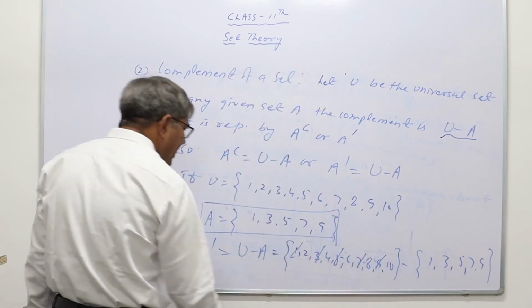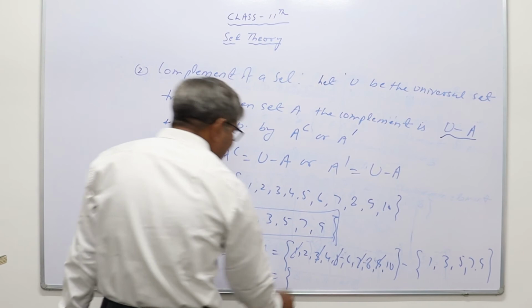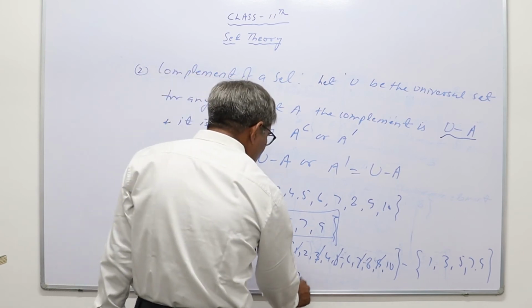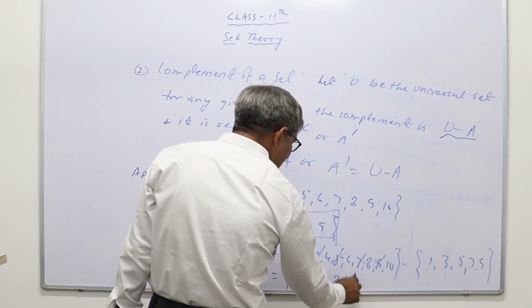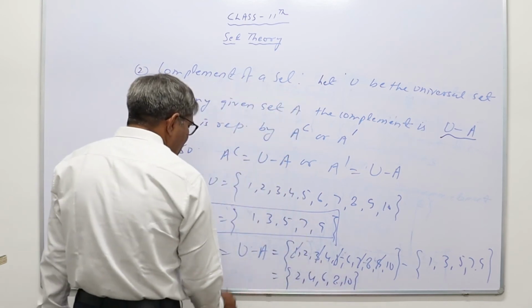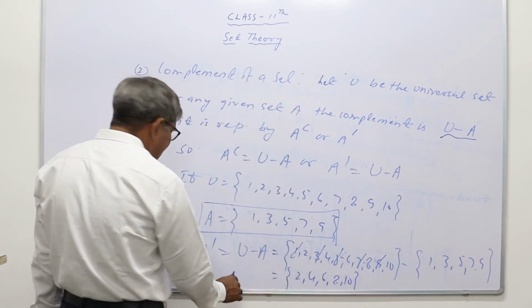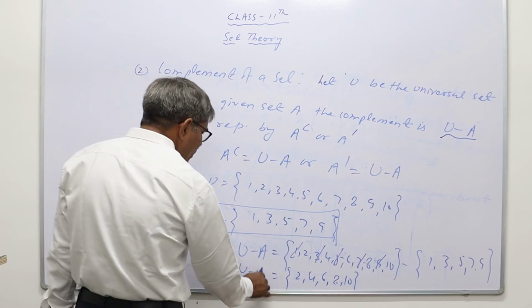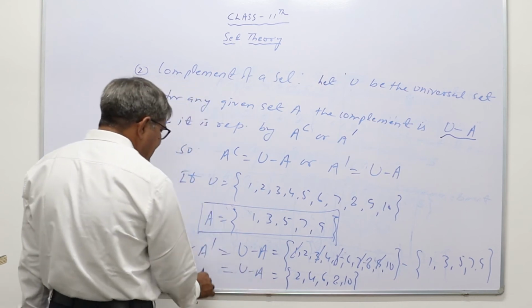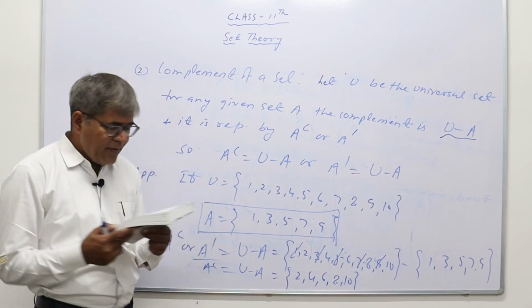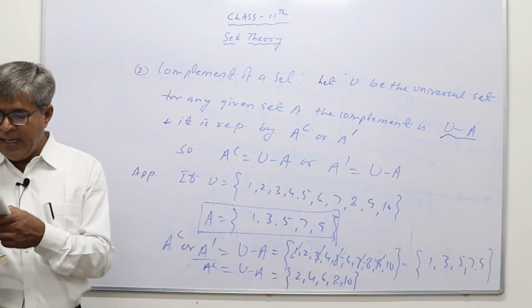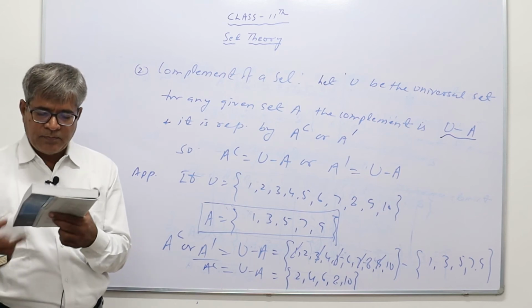So the set of remaining elements will be 2, 4, 6, 8 and 10, and this is known as the complement of the given set A. So the complement, that is U minus A, that is A C. This is how you can find the complement of a given set.